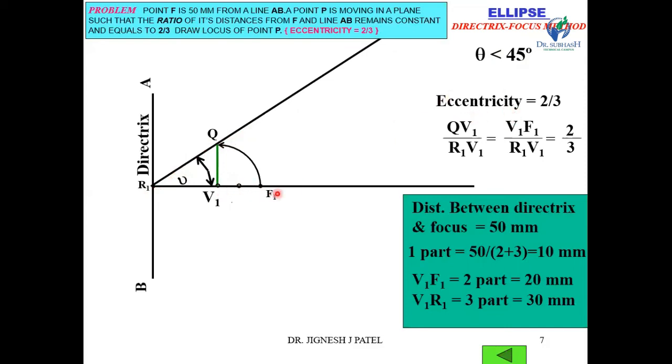Now, from V1, mark some points 1, 2, 3, 4, 5, 6, 7. Now from points 1, 2, 3, 4, 5, 6, 7, draw vertical lines which are perpendicular to this axis.